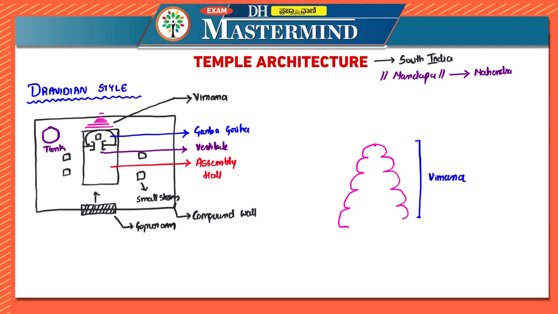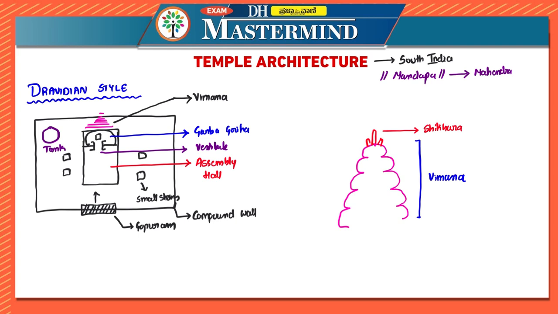On top of Vimana, you have Shikhara. So this is a crowning element, the topmost part of the temple. It is shaped like an octagon, an octagonal cupola. Similar to this in case of Nagara style, what we have seen is Kalash.